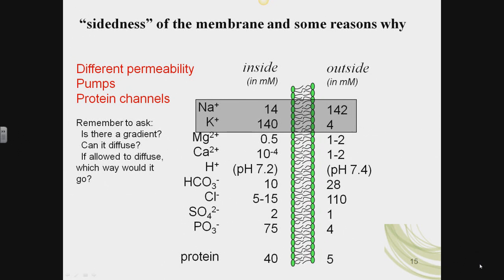Next concept. Clearly, if we're just looking at sodium and potassium, highlighted in this gray box, they have a chemical gradient. That means they have unequal quantities of that substance across the cell membrane. But you know what else? Sodium and potassium also have a charge associated with them. So now let's redo that question again.